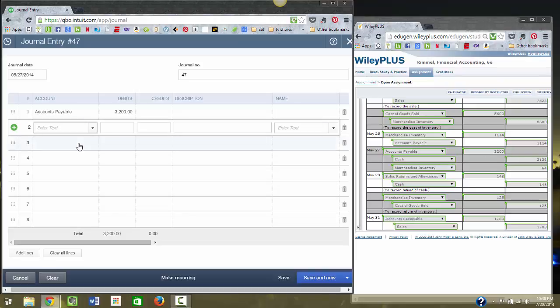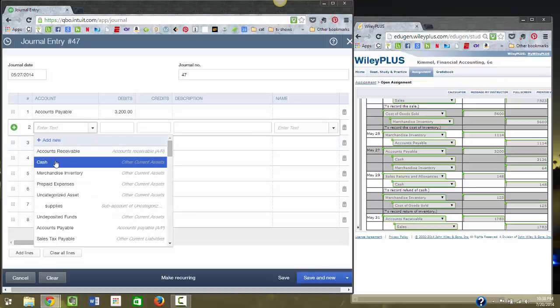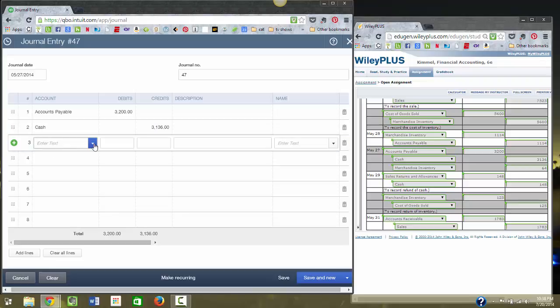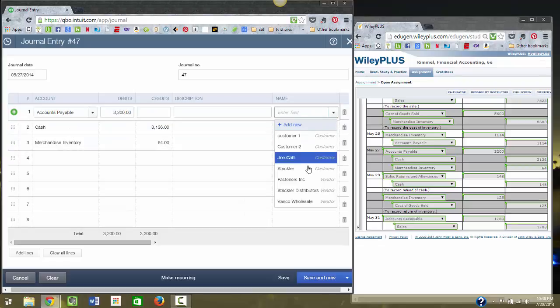Cash is going to be 31.36 credit, so we have to change that. And merchandise inventory is going to be the discount total, and look, it already figured that out for us. And that is on the 27th, so we're good here. Accounts payable, this is Strickler.